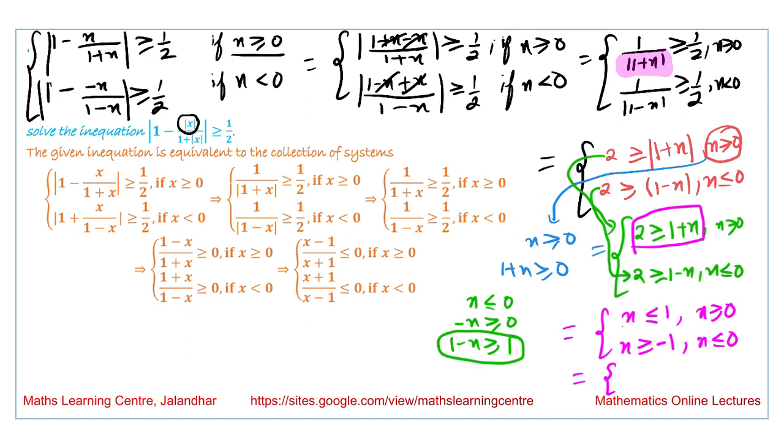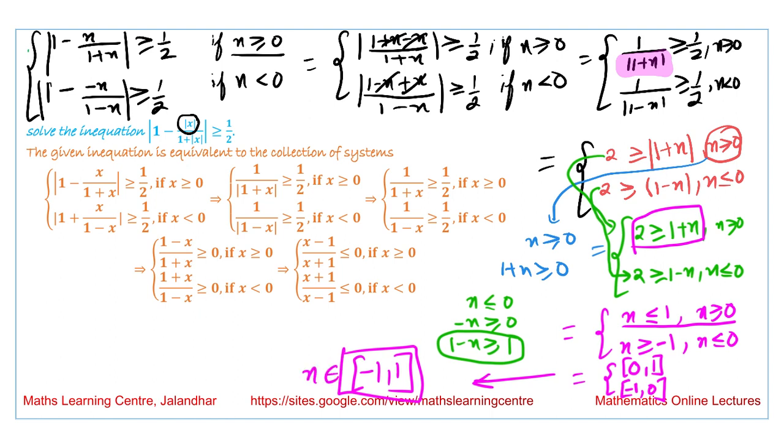In the first case x is between 0 and 1, the interval 0 to 1. In the second case x is between -1 and 0. So the final solution set is -1 to 1, that is, x belongs to [-1, 1].